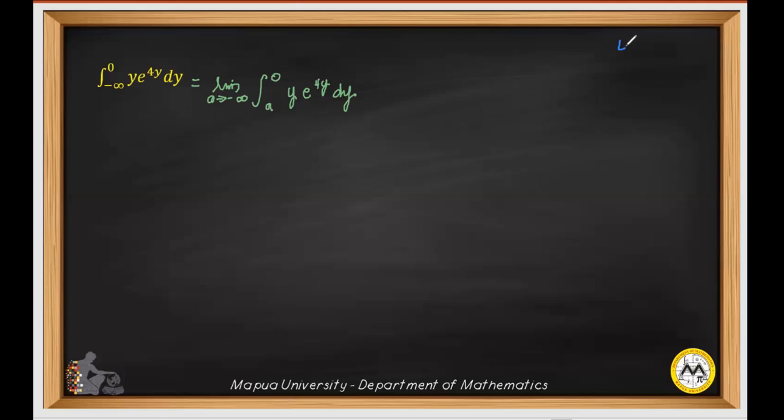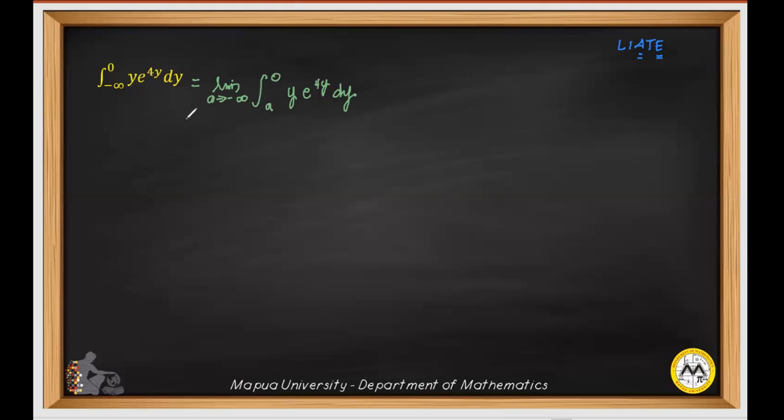If we follow the acronym LIATE, we have algebraic and exponential, and the algebraic part comes before the exponential part. Therefore, you will take the algebraic part.